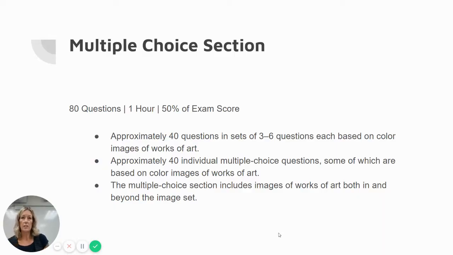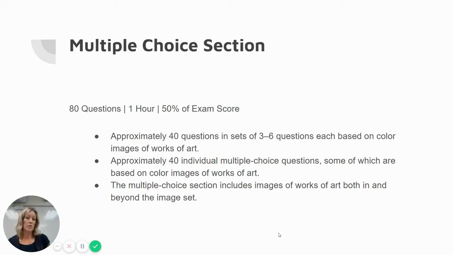So starting with the AP exam in May, that big exam that's going to get you some college credit. The first part of the exam is the multiple choice section. You will see 80 questions, and it is a 1-hour exam, and it's worth 50% of your overall score.